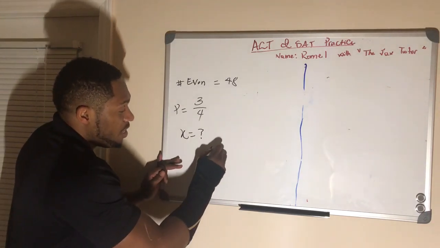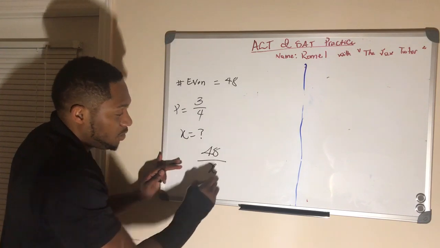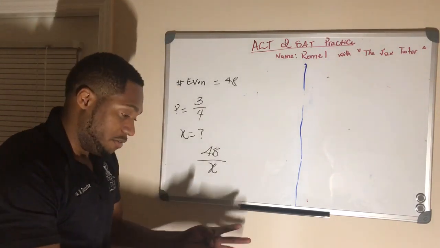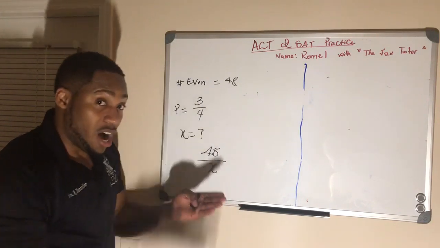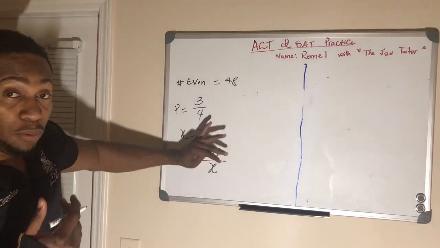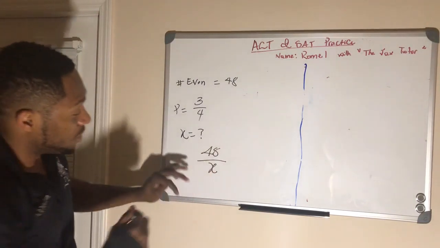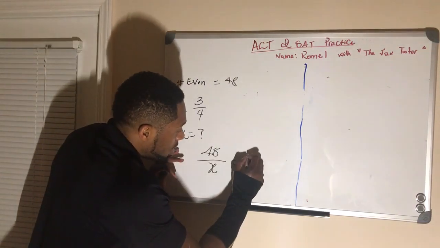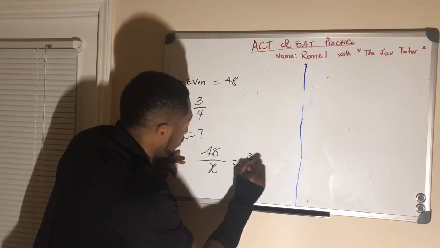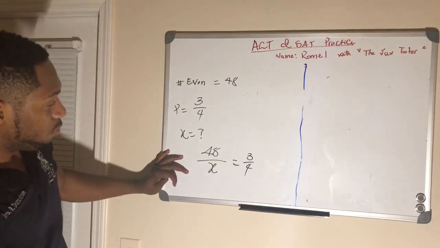So it says 48 divided by X. He randomly picks a domino, and there are only two possibilities, even or odd. So the even portion is 3/4. So what can we do here?